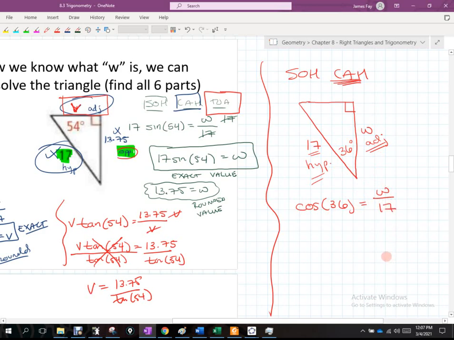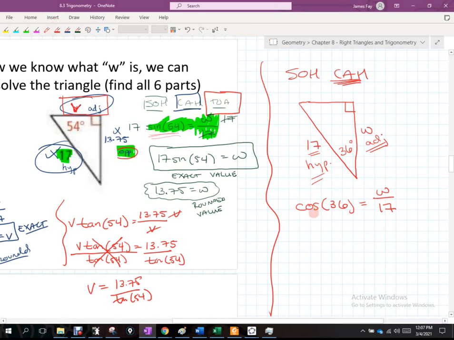Is that okay with everybody? Just remember what we said yesterday. If I look at just the first equation that we had here, we had sine of 54 is equal to W over 17, right? Here we're seeing the cosine of its complement. Is that equal to the same W over 17? So W over 17 and W over 17 are equal.